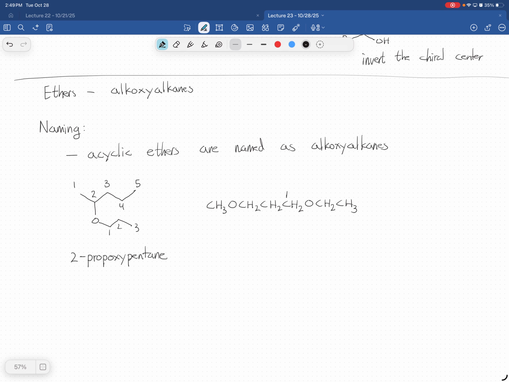If we number at this side, 1 is closer to the ethyl group. So we want to do it that way. Here is ethyl. Here is just methyl. So we're going to get 1-ethoxy, 3-methoxy. And then what's the parent name? 3 carbons in the middle between the ethers, so propane.